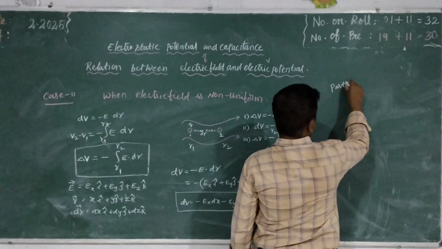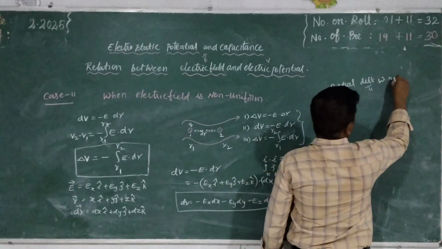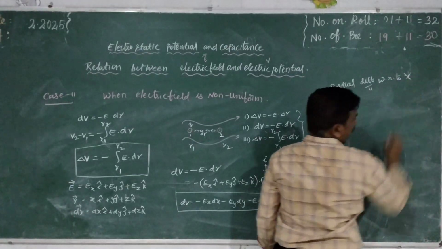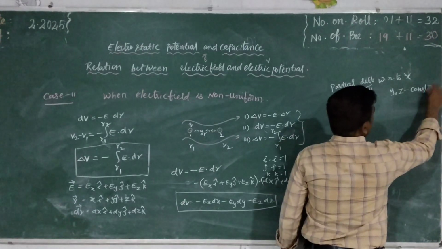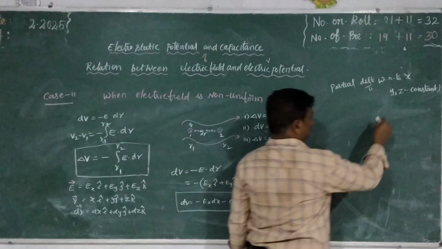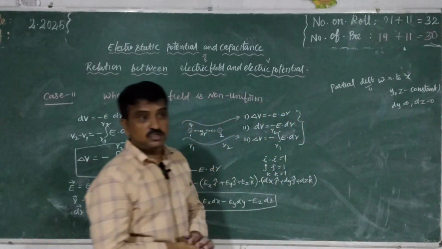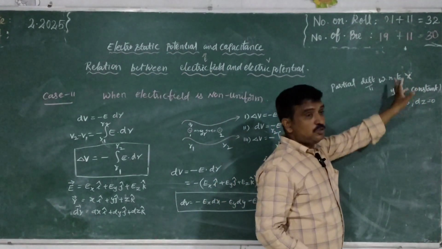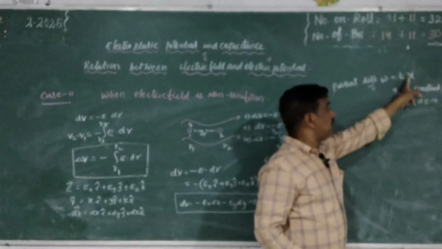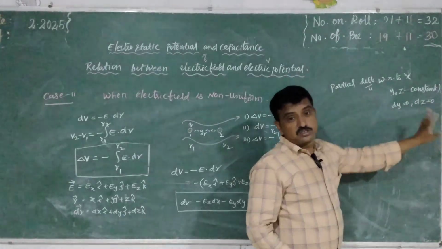Means for example here, partial differentiation with respect to x, that means y comma z are constant, their differentiation dy equal to 0, dz equal to 0. Partial differentiation means with respect to what we are doing, that only doing, remaining terms will be constant. With respect to x means y, z is constant, with respect to y means x and z are constant, with respect to z means x and y are constant, means dy, dx is 0 that time, like that.